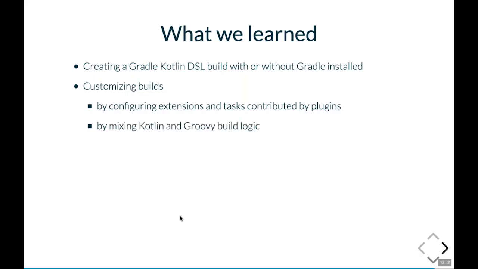So the plugins block, the extensions like the application block, and tasks in the task block, and with the type safe accessors and so on. We saw some mixing of Kotlin and Groovy build logic, which might be interesting for people migrating builds or dealing with existing build logic.